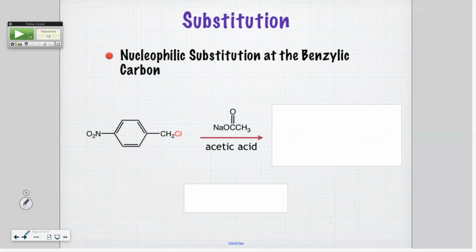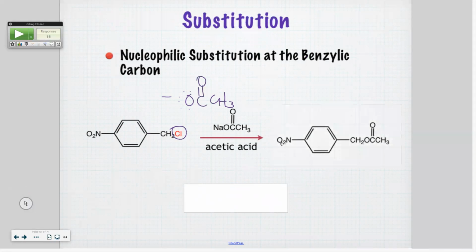The leaving group is the chlorine. So what's going to substitute for the chlorine? Okay, can you figure out what you'd get? Looky there, we made an ester. An ester for Easter.